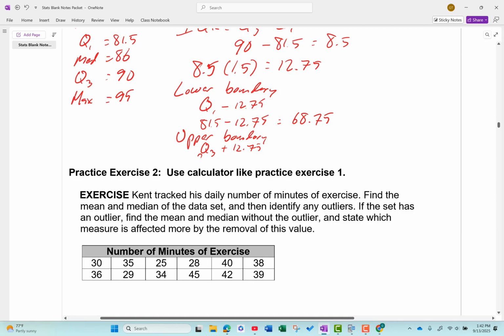So I then take 90 and then add 12.75. That gives me 102.75. Okay, so my new boundaries are 68.75 to 102.75. So if anything is below 68.75, outlier. Anything above 102.75, outlier.